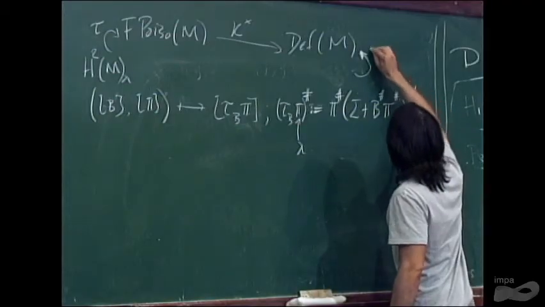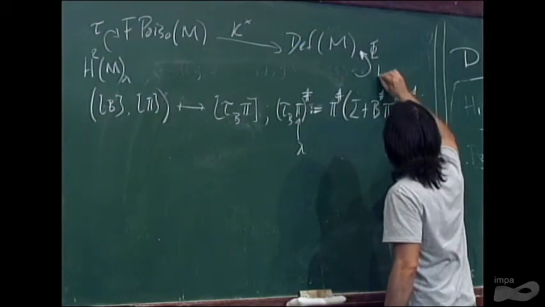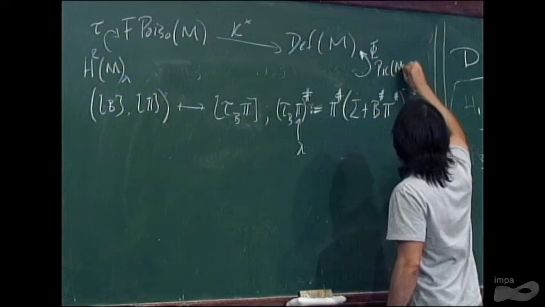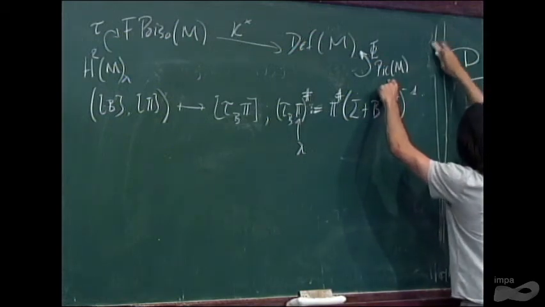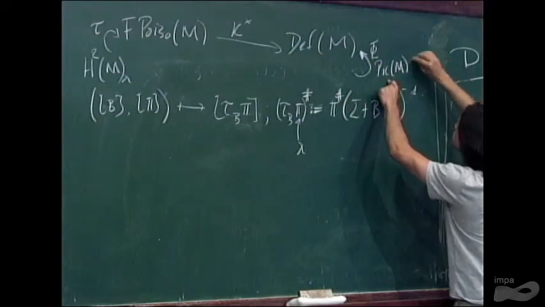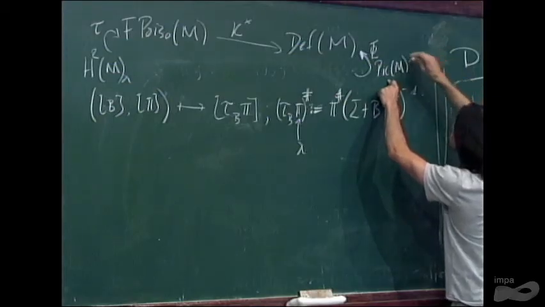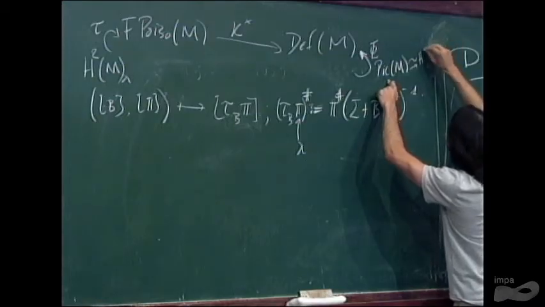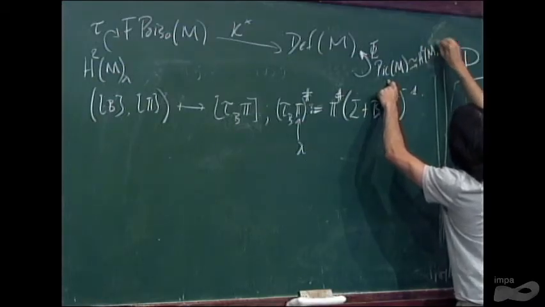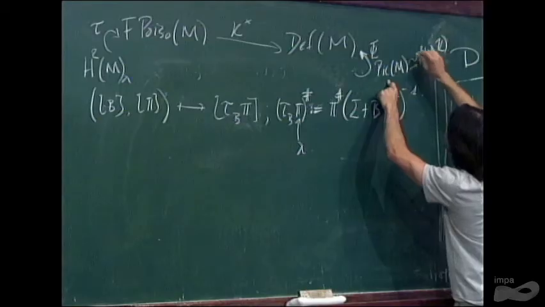You have here an action of the Picard group. This Picard group is not the Picard group of self-equivalences, self-Morita equivalences. This is isomorphic to H^2(M,Z) via the Chern map.